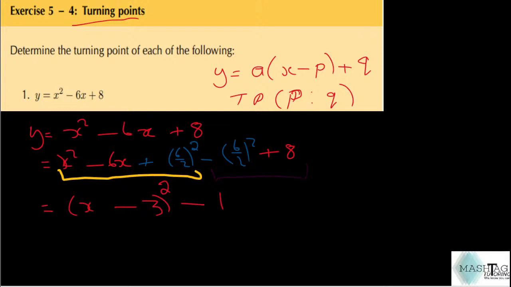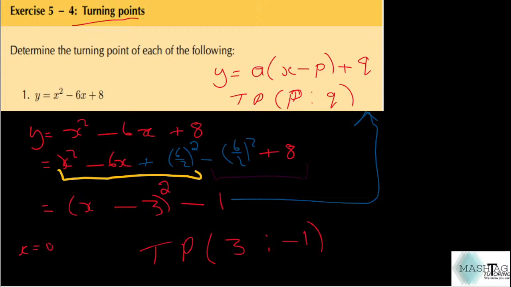And that's it. So this is actually in that format. Because it's in that format, your turning point becomes (3, minus 1). Does that make sense? The reason 3 is positive is that you're taking what's in the bracket and equating it to 0.